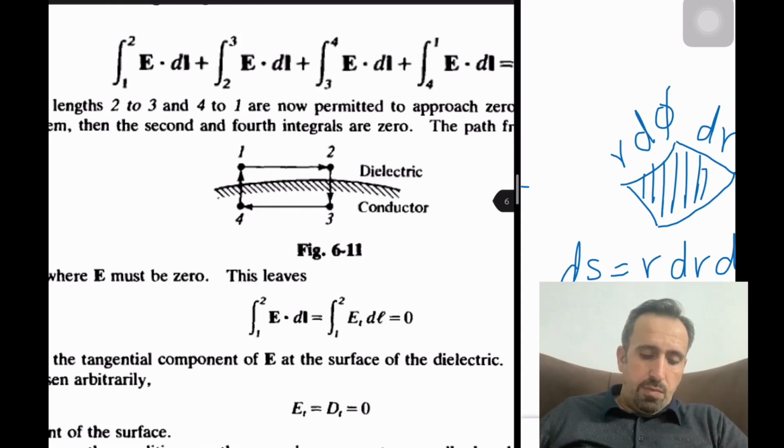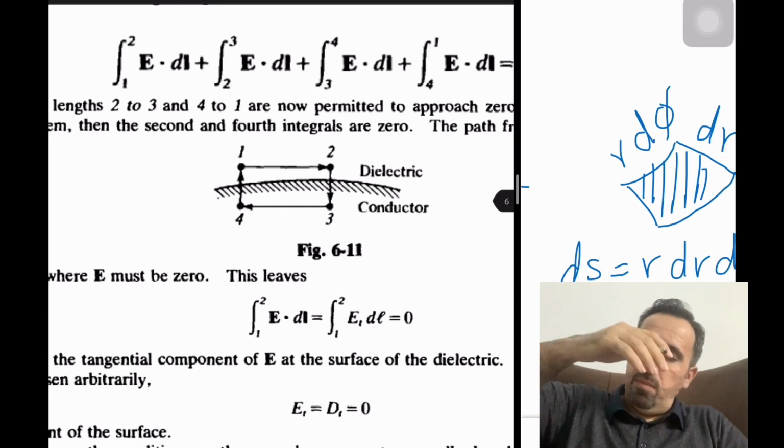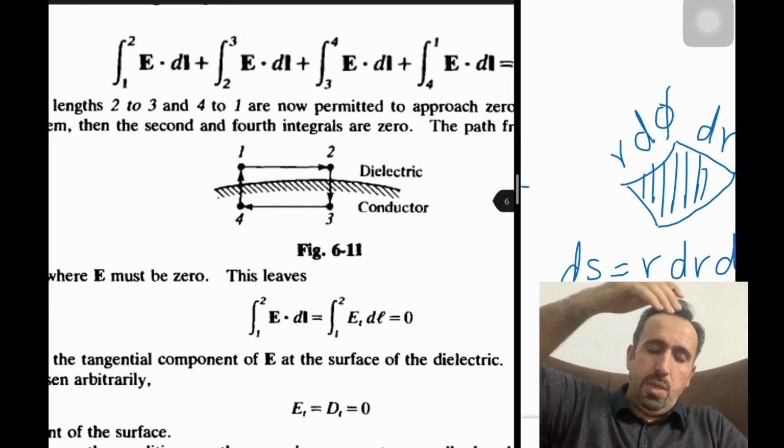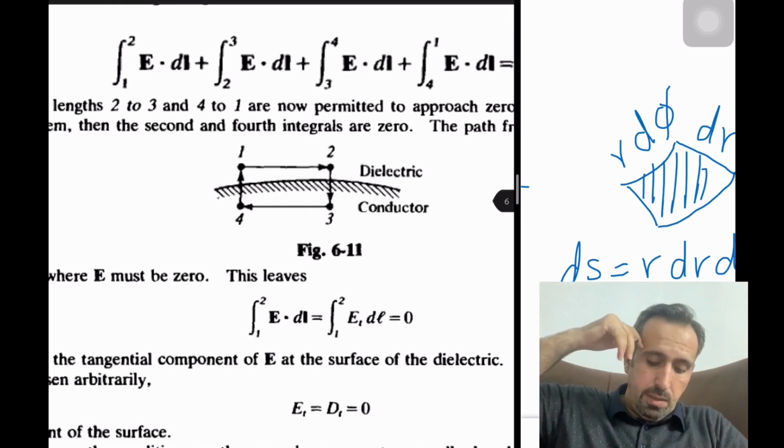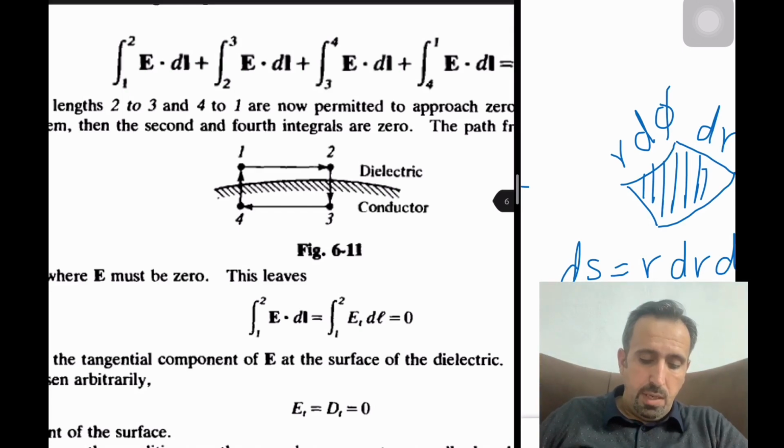So in this case, if you want to think about what will be the behavior of the electromagnetic field between the conductor and dielectric, there is a certain assumption taking place.